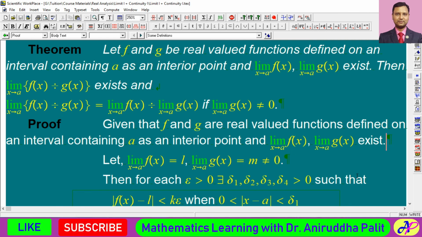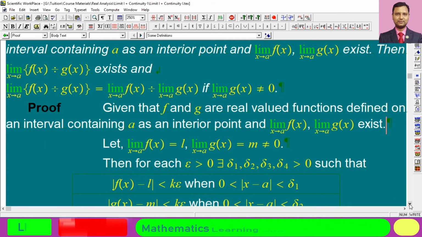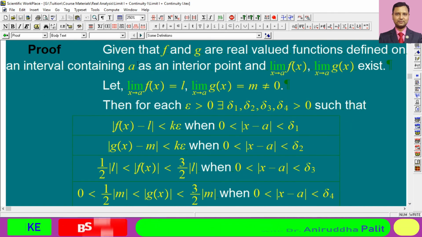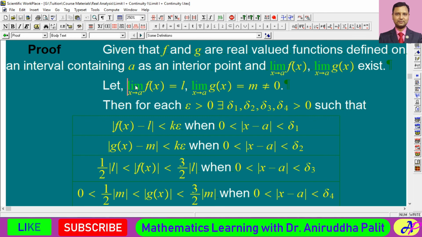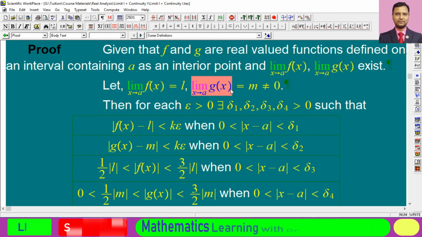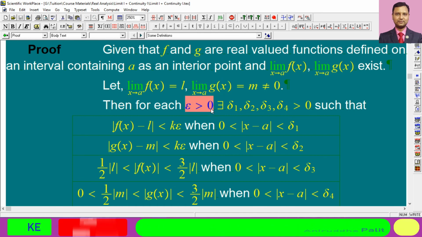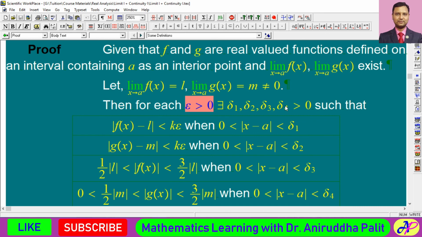What we are doing over here, just like in the previous theorem, is we consider the limit of the function fx equal to L and the limit of the function gx equal to M, and from the definition, for each epsilon there exist four deltas, delta 1, delta 2, delta 3, delta 4, such that all these results hold.